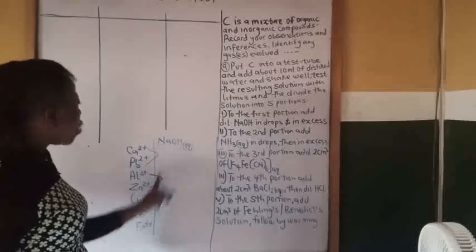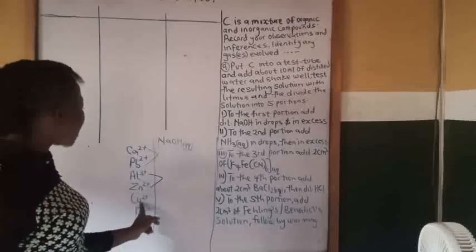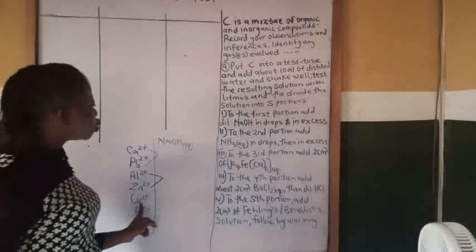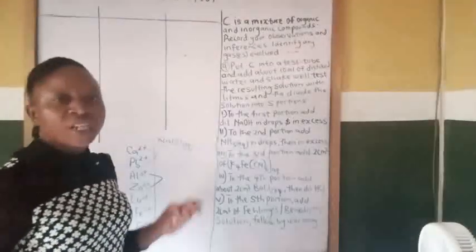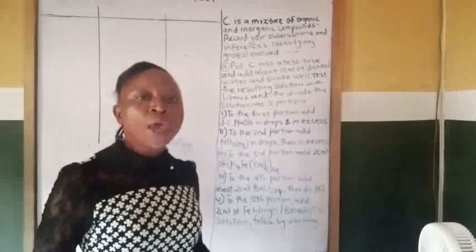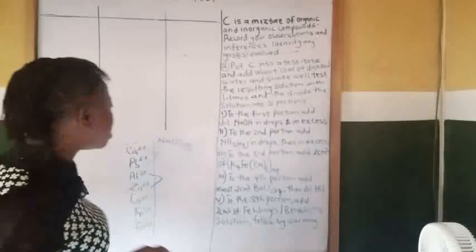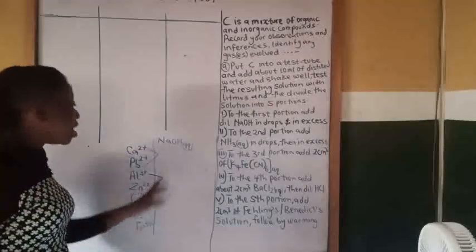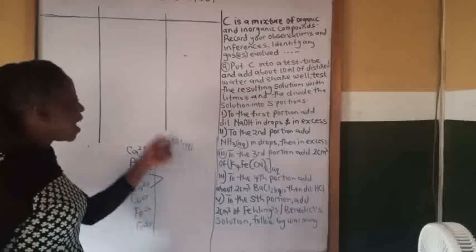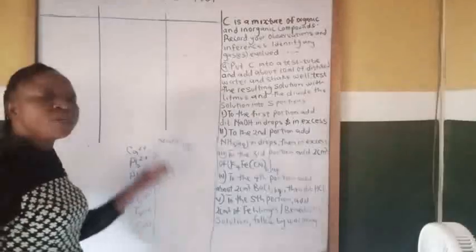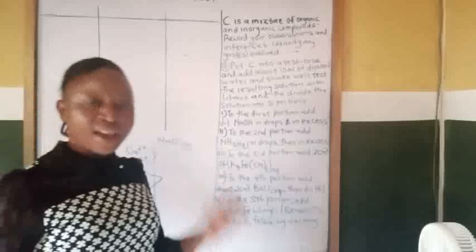Then copper. When aqueous sodium hydroxide is added to copper, you are going to have what? Blue gelatinous precipitate. Pale blue or light blue gelatinous precipitate will be formed in drops. Then in excess, the precipitate will remain insoluble.